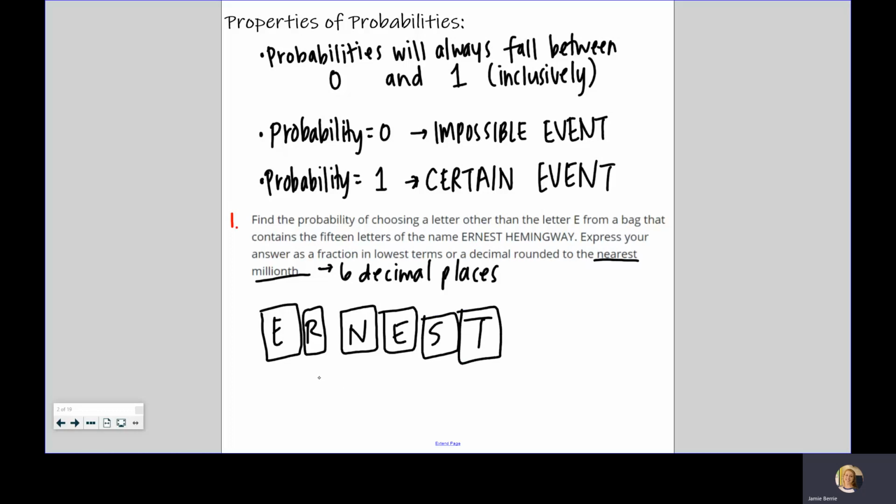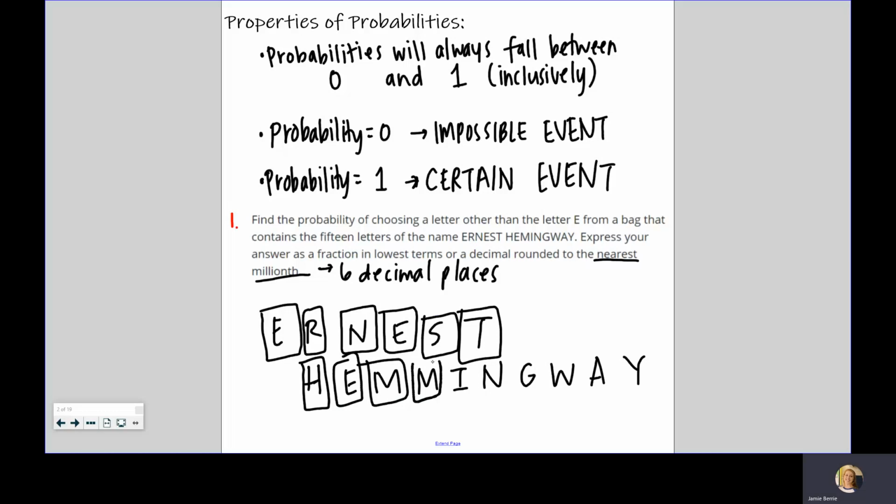There's his first name, and then Hemingway only has one M. I'm just drawing all these little letters on a slip of paper, and I'm going to imagine that I'm putting them all in a hat or a bowl.